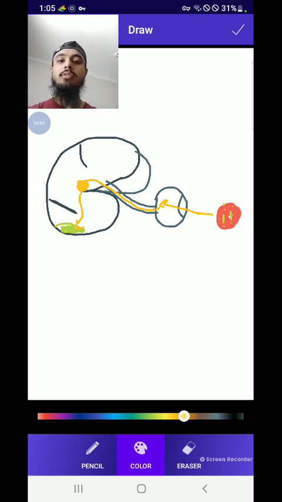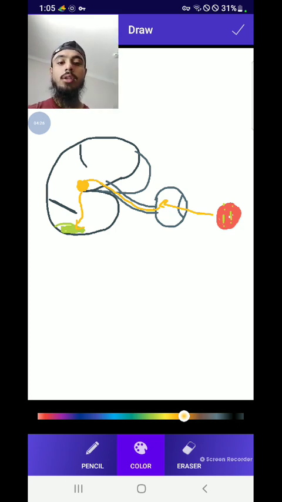So this pathway controls only seeing the object. Not recognizing, not analyzing, not comparing with past memory. This area does not control those functions, it only sees the object.